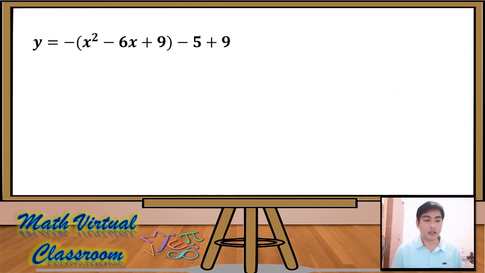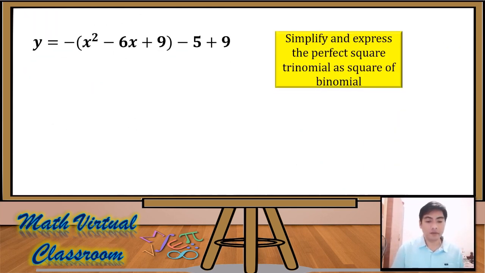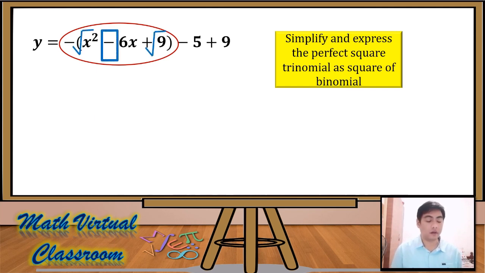Let us continue solving. We simplify and express the perfect square trinomial as square of a binomial. So how is that? You are going to get the square root of the first term and the last term of the trinomial. So the square root of x squared is x, the square root of 9 is 3, and we get the sign which is minus.